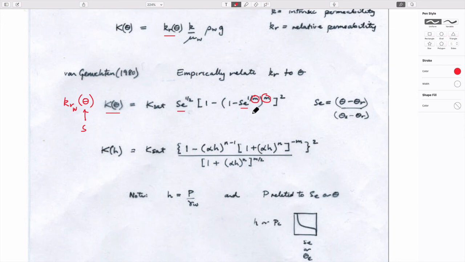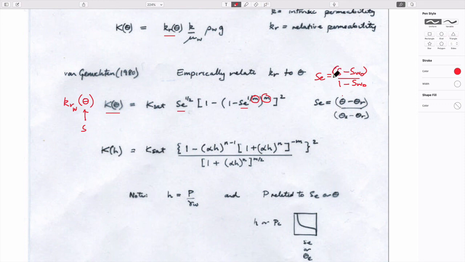And so in other words, if you know what your saturation is that you find yourself at, if we write it in terms of effective saturation, it is the saturation you are at in the sample minus the irreducible saturation of water, divided by 1 minus the irreducible saturation of water.